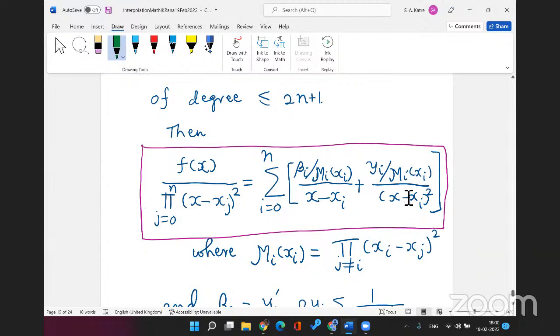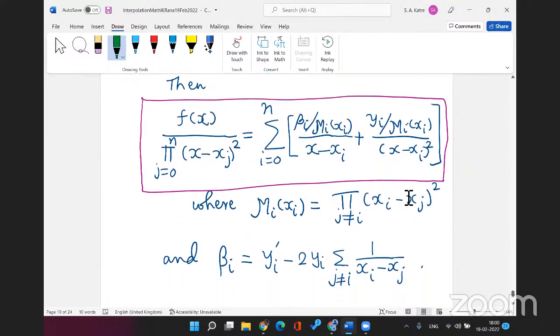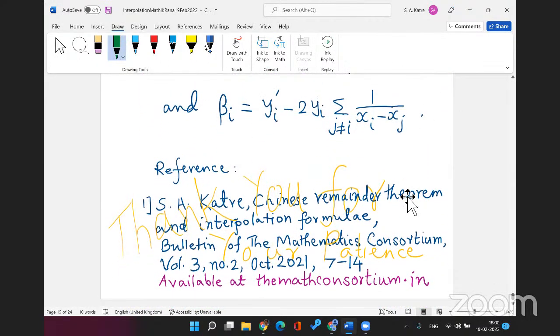So this is an application of this new version that I have obtained using the Chinese Remainder Theorem. Yes, there is one reference which I would like to give to you. There is an article which I have written in Bulletin of Mathematics Consortium, Volume 3, October 2021.